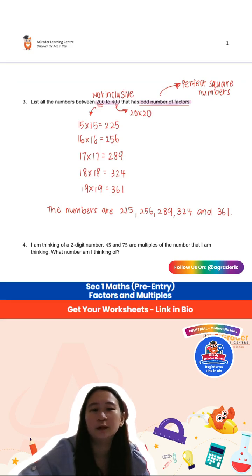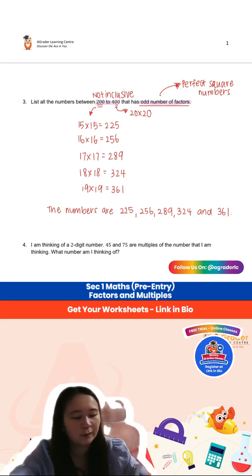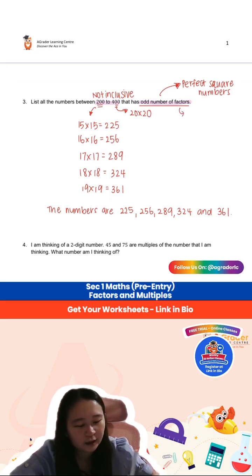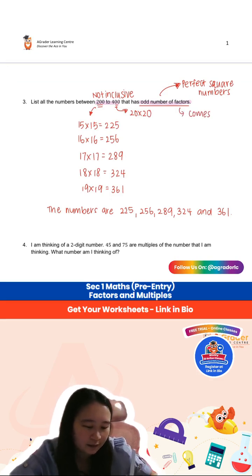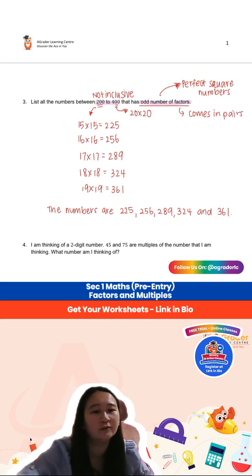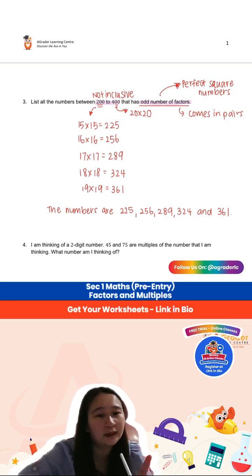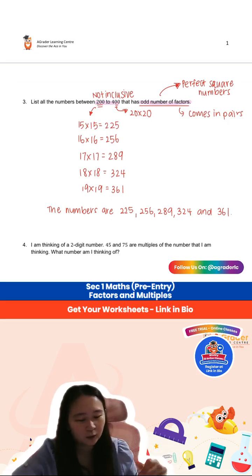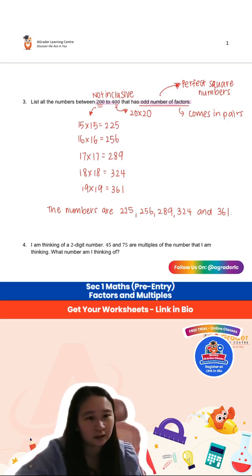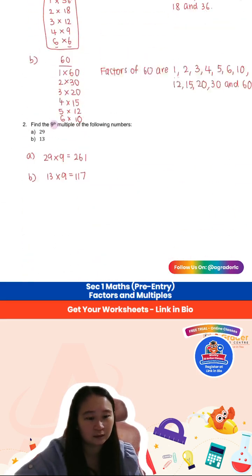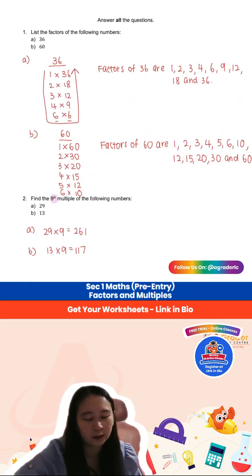Yep, they will have odd numbers of factors because they are perfect squares. Okay, all factors come in pairs, firstly. So when they come in pairs, it means they have to be an even number of factors, right? The only way whereby you only count the pair of factors one time is when they are multiplied with the same number. So we can look at the example in question 1a.